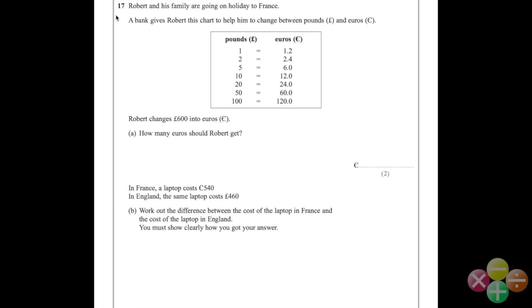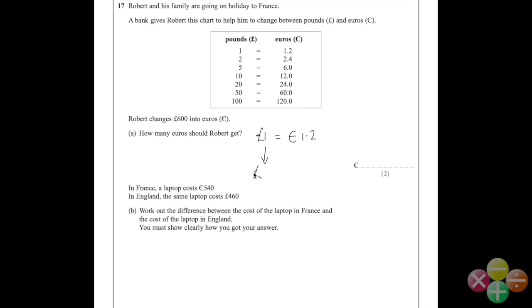Question 17. Robert and his family are going on holiday to France. A bank gives Robert this chart to help him change between pounds and euros. Robert changes £600 into euros. How many euros should Robert get? Well, we know that £1 is worth 1.2 euros.